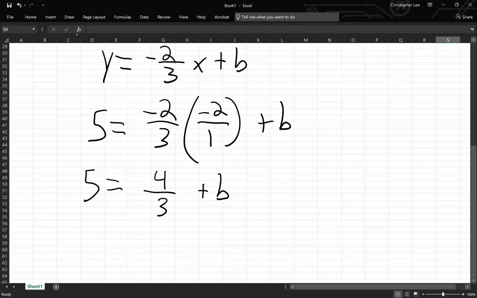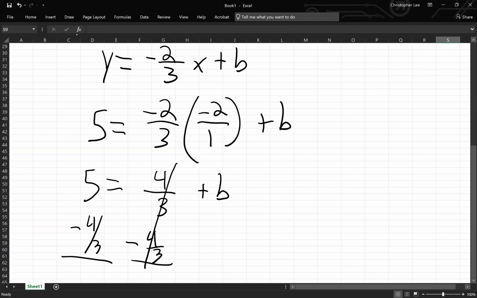Plus b. Now, how do I get b by itself? I'm going to subtract 4/3 here. What I do to one side, I do to the other. Subtract 4/3.